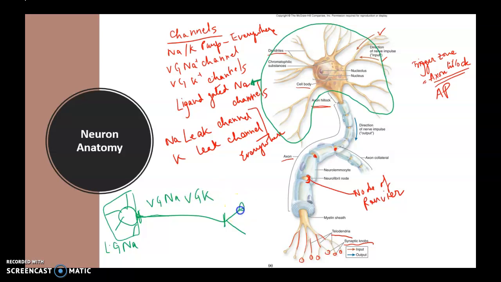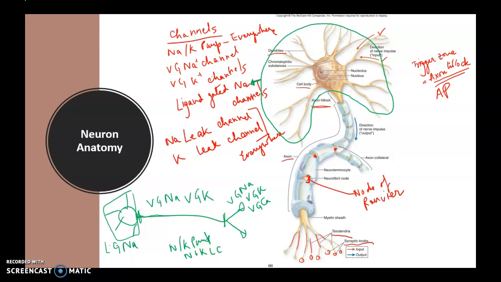The axon terminals will have voltage-gated sodium, voltage-gated potassium, and voltage-gated calcium channels. And remember, sodium-potassium pump and the sodium and potassium leak channels will be everywhere. Dendrite, soma, axon terminal, everywhere.